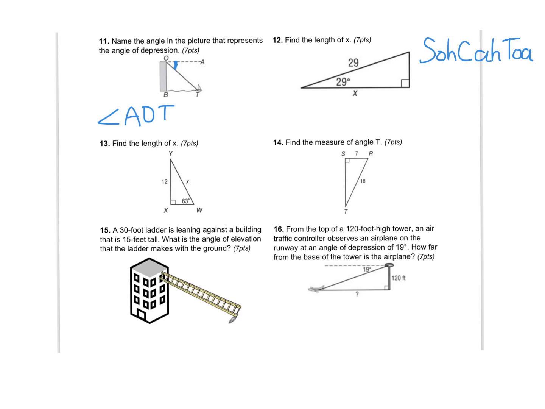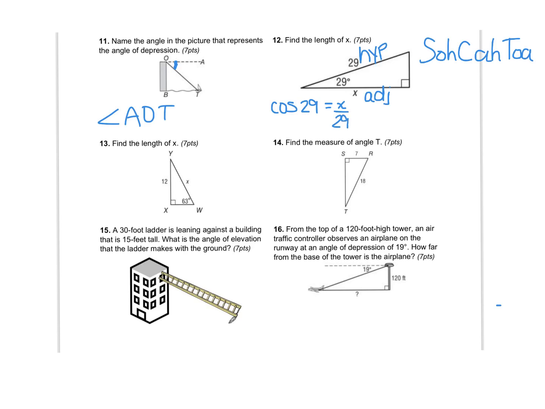So if we're looking at the angle that's 29 degrees, here, x represents the side that's adjacent, and 29 is our hypotenuse. So it makes the most sense to use the cosine function here. So we have cosine of 29 degrees is equal to adjacent, which is x, over our hypotenuse of 29.